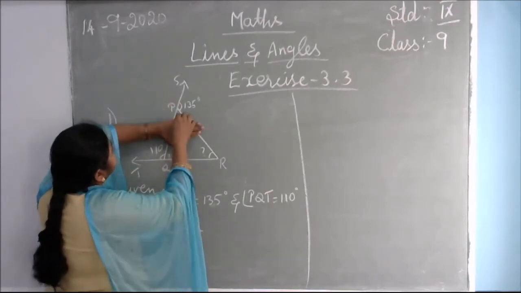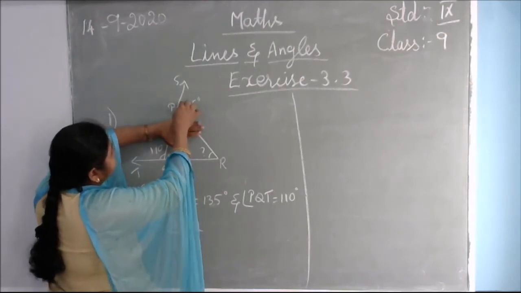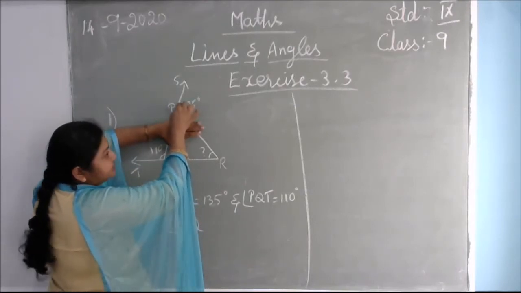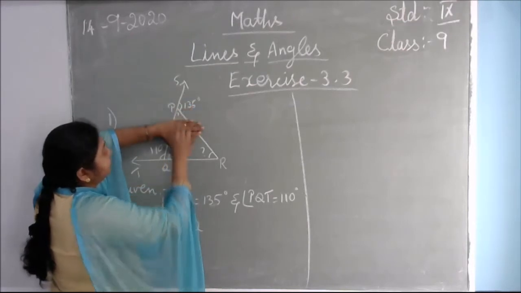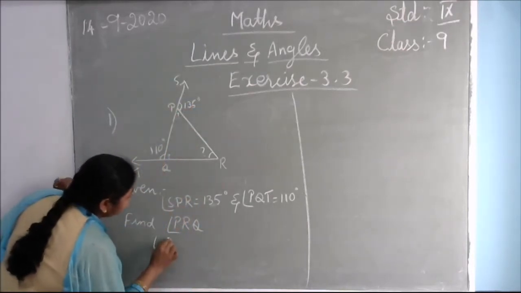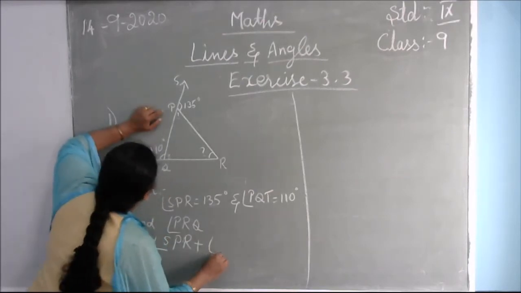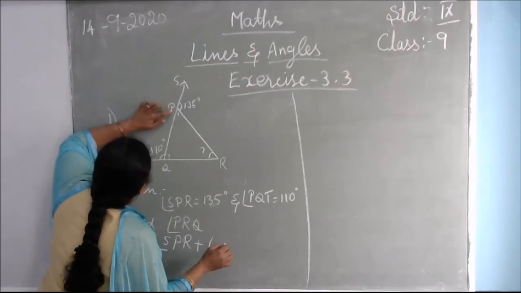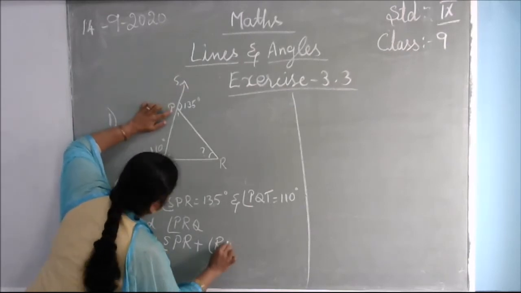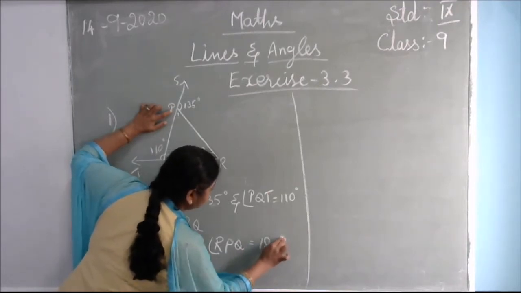See here, this is the straight line. So if you add these two adjacent angles, you will get 180 degree, isn't it? So angle SPR plus angle RPQ is equal to 180 degree.